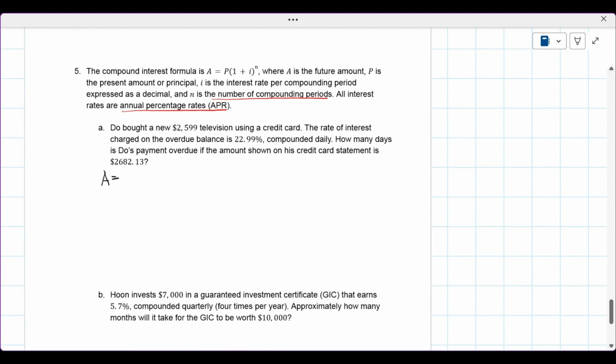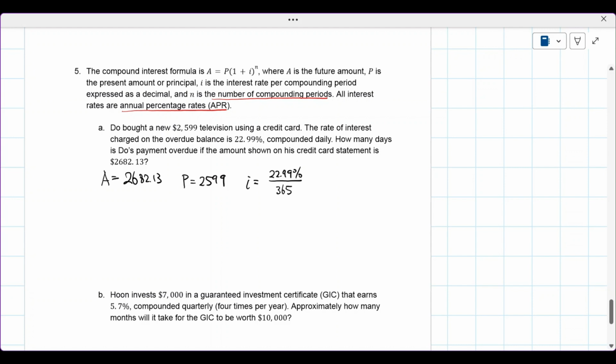I know A, the future amount, to be 2,682.13. I also know that P, the principal value, the present amount, is equal to 2,599. We also know i, which in this case is quite complicated. i is the interest rate per compounding period. The 22.99% is compounded daily, so let's assume that we have 365 days in a year.